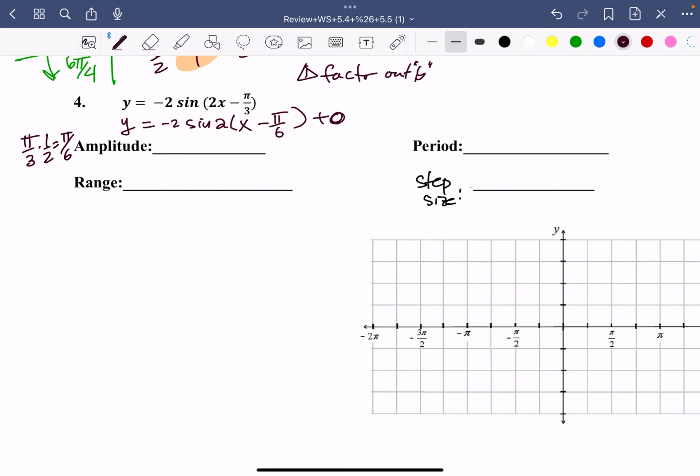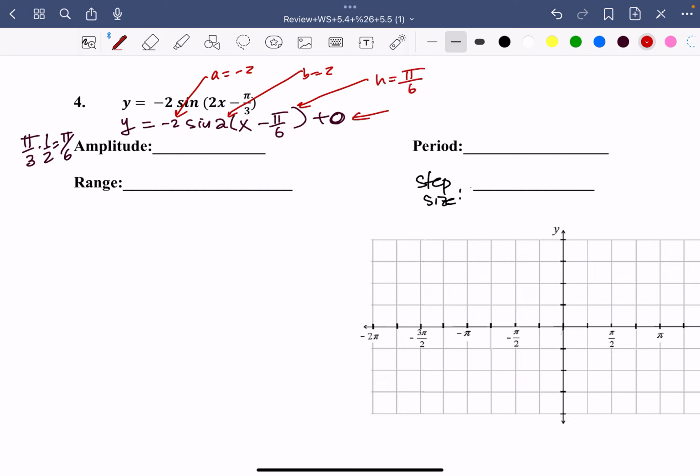And notice that there's a plus 0. So it should be pretty clear now that a is equal to negative 2, b is equal to 2, h is equal to pi over 6, and k is equal to 0. So this is our midline.